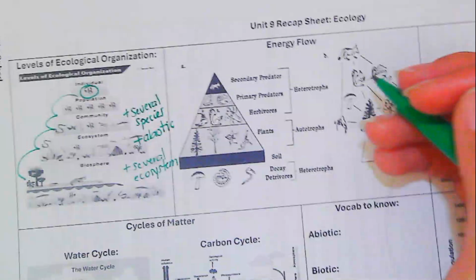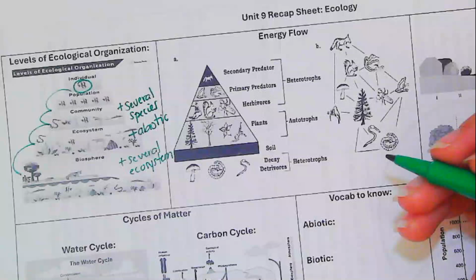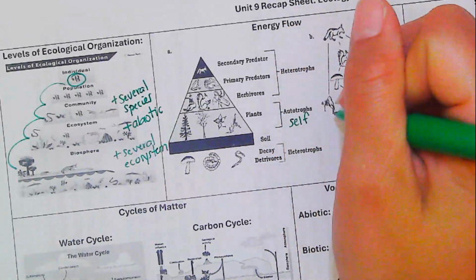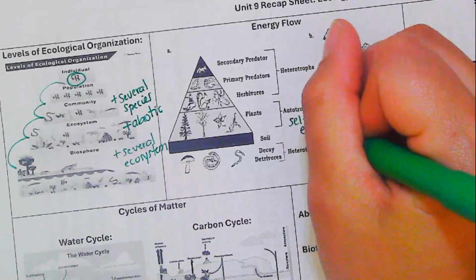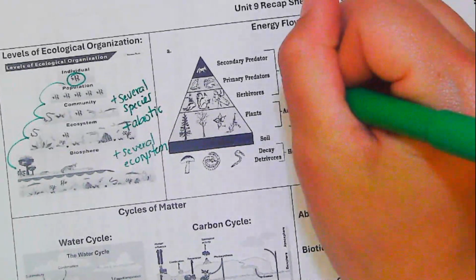Typically, we'll start from one level. Oh, and then your decomposers, your detritivores. Autotroph means self. This auto means self. Trophic is energy, so that means self-energy. Hetero means they have to eat their energy.